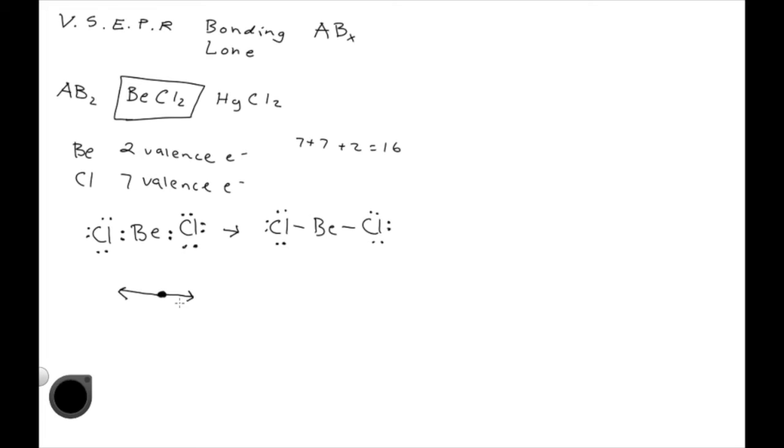So let's say the center is beryllium. The head of this hand is going to be chlorine, and the head of the other hand is going to be chlorine as well.